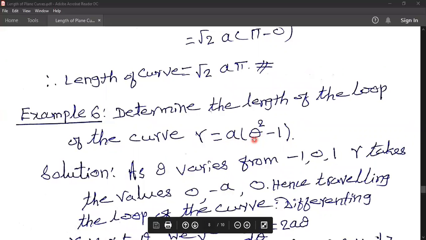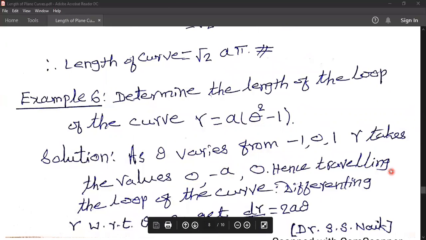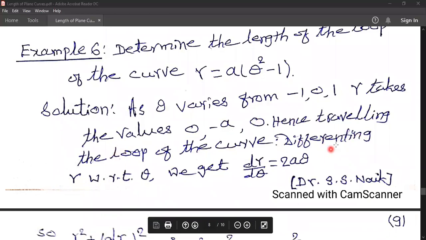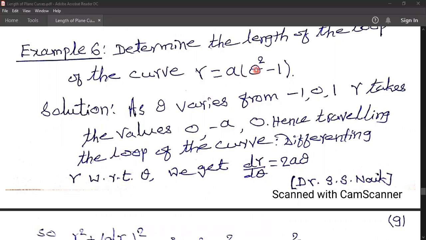When theta is equal to 1, again r is equal to 0. Hence, traveling the loop of the curve, differentiating the curve with respect to theta, we get dr by d theta is equal to 2a theta. That is, theta square derivative is 2 theta multiplied by a becomes equal to 2a theta.